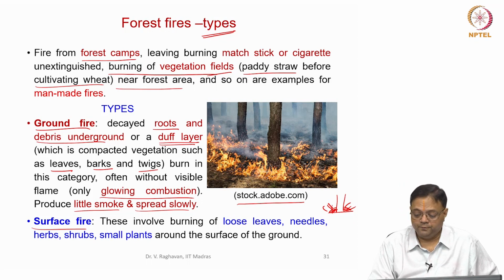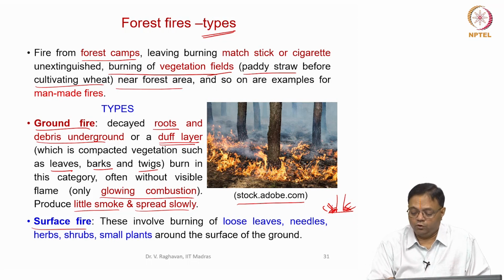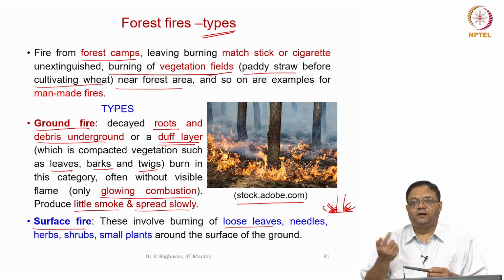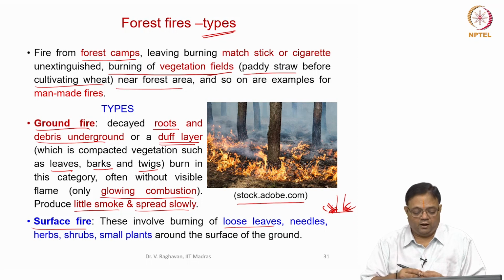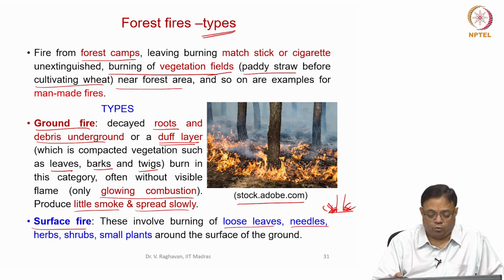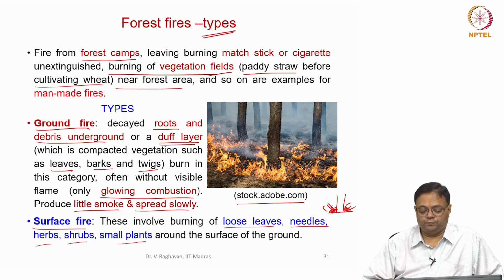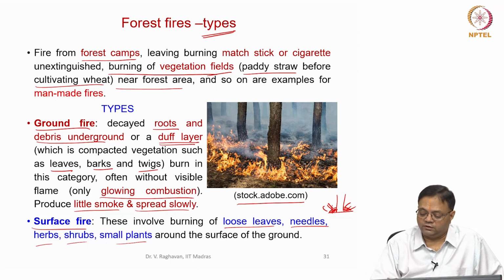The surface fire involves the loose leaves. It is not compacted as in the ground fire case. The loose dry leaves which fall down, the loose leaves and the twigs, needles, whatever is on the ground itself, herbs, shrubs etc., or small plants, can also burn around the surface of the ground.